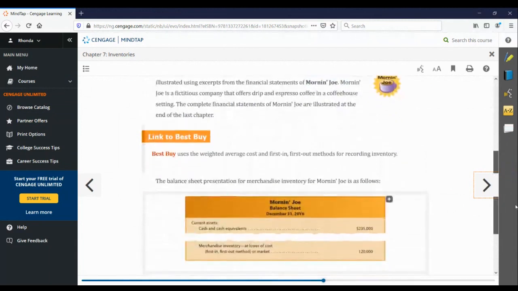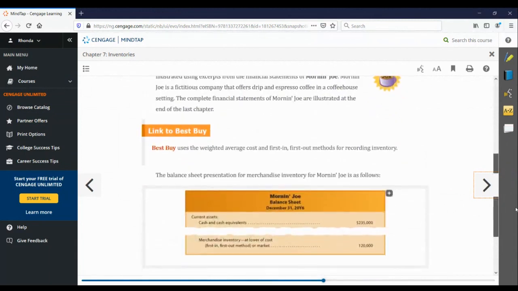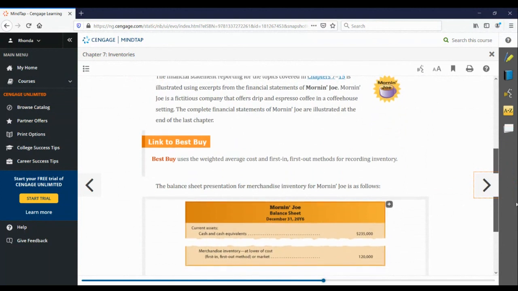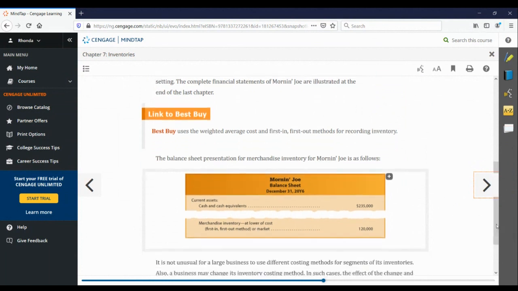Another thing that we need to be aware of is that on our financial statements, we're going to have merchandise inventory in the current assets section. And in this case, notice that on our financial statements, they're actually showing which method that they used to value their ending inventory.